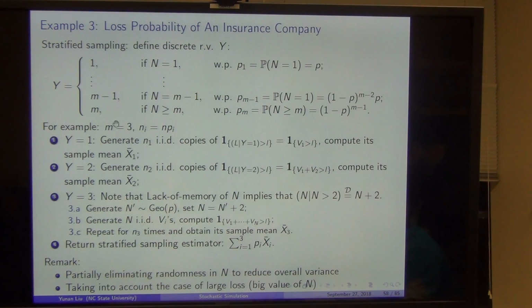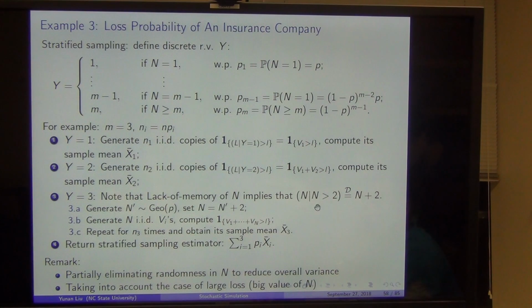When Y equals 3, here 3 is our m. Note that the lack of memory property of n implies that n given n greater than 2 is n plus 2. What do I mean by that? N is a geometric random variable. If you know you failed 2 times, does this say anything about how many extra steps it takes until you have a success? No, right?